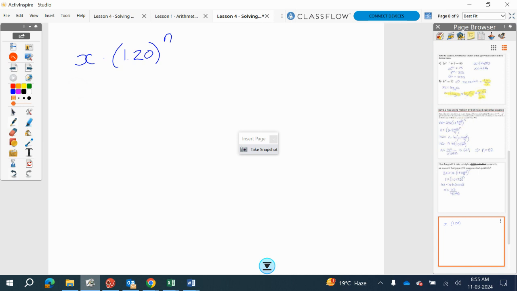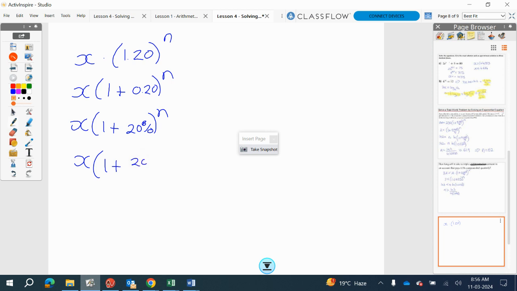So we're increasing by 20%, that means we've got X, which is 1 plus 0.2 to the N. We could write this as X is 1 plus 20% to the N. We could write it as X is 1 plus 20 over 100 to the N.